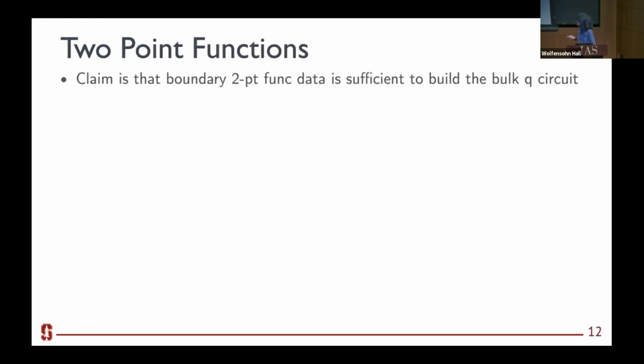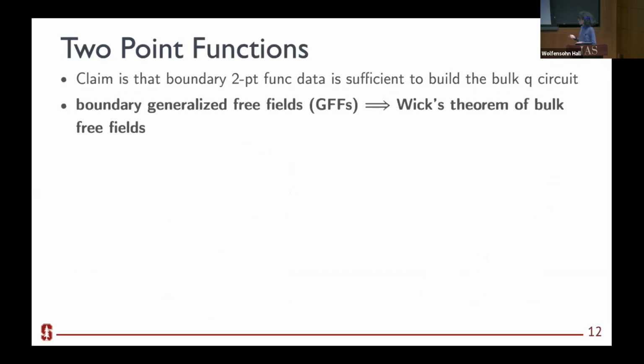All right. So the claim I made earlier was that the boundary 2-point function data is sufficient to build the bulk quantum circuit. And the reason that's the case is because we're assuming that we have a boundary that can be described by generalized free fields. And generalized free fields are simply fields that satisfy Wick's theorem in a particular state.